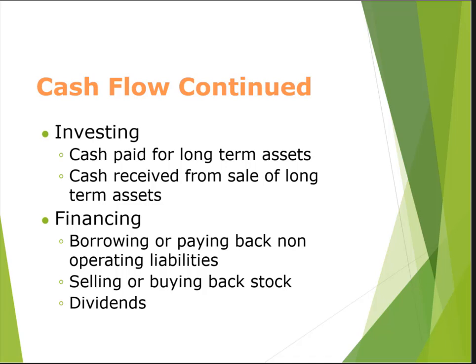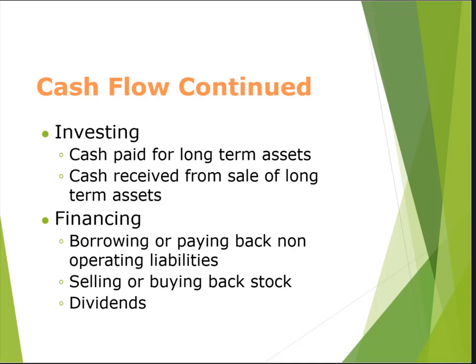So now we're looking at the cash impact. When we sell stock, we're just going to sell it for cash. That's going to be one of the easier ones. But remember, when you sell stock to shareholders, you're going to impact both common stock and additional paid-in capital, or paid-in capital in excess of par, or whatever you call it. Both of those. That is the credit. So when you look at that, you need to consider those two things on your balance sheet together to see how much cash you received from selling stock.